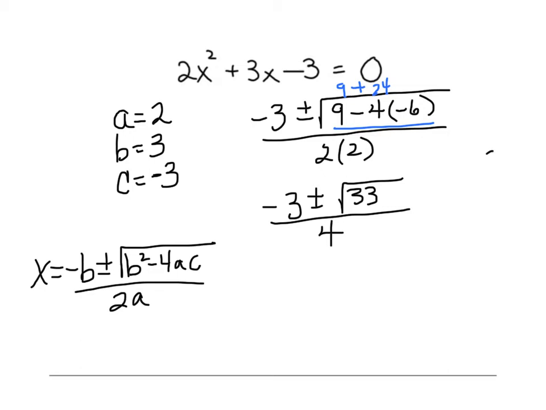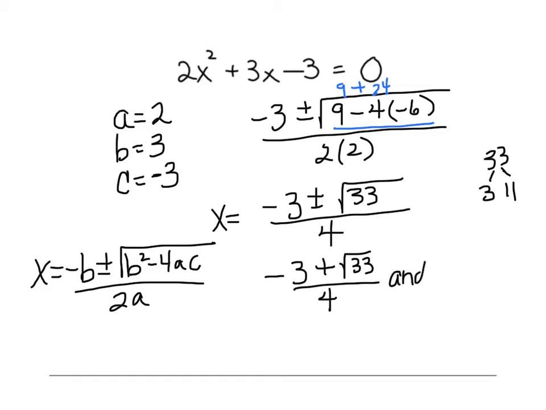The factors of 33 are 3 and 11, and neither one of those is a perfect square, so we're just going to leave it like that. So x equals, and if you'll notice, how many answers are there? Plus or minus. If I were going to write these separately, I would say negative 3 plus the square root of 33 divided by 4, and then the other one is negative 3 minus the square root of 33 over 4.